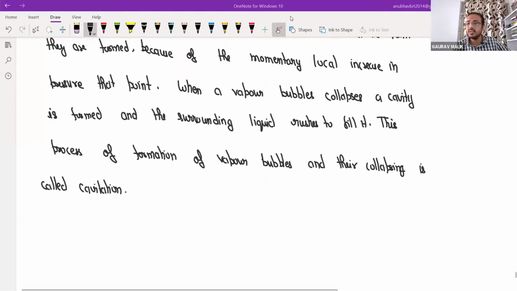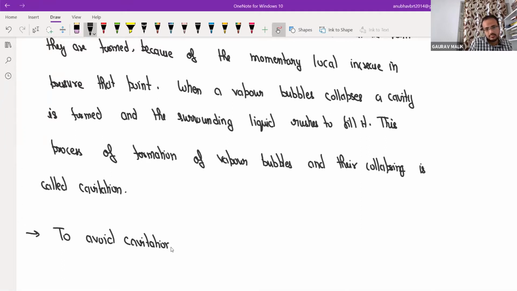So to avoid cavitation, we need to maintain a pressure greater than the vapor pressure.